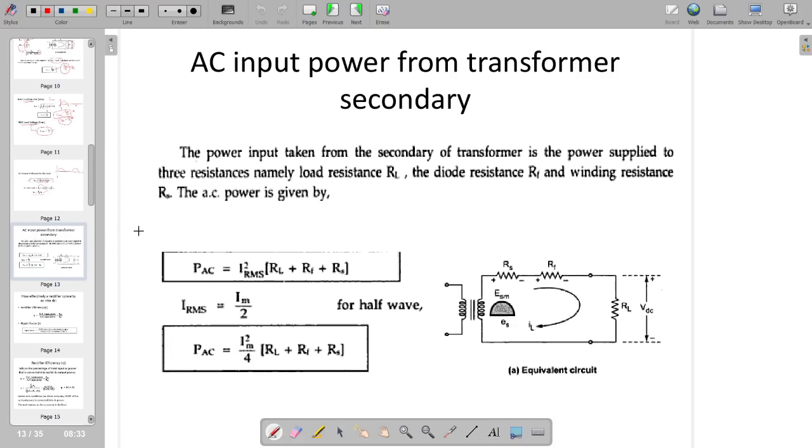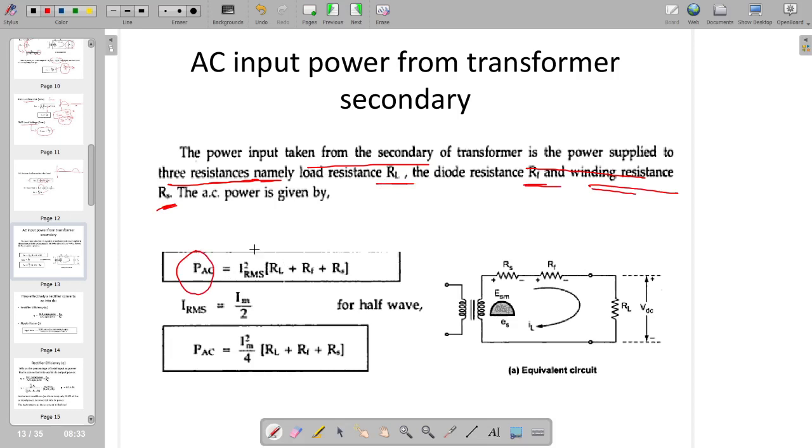Actually we are giving an AC input, AC power from the secondary of the transformer. So what is the amount of power we are giving from the secondary? This factor also helps to find the rectification efficiency. The power taken from the secondary of the transformer is the power supplied to the three resistors: load resistance, diode resistance, and winding resistance.